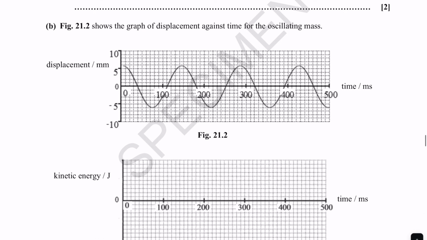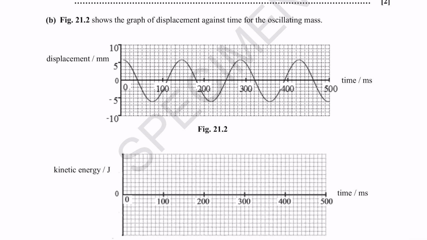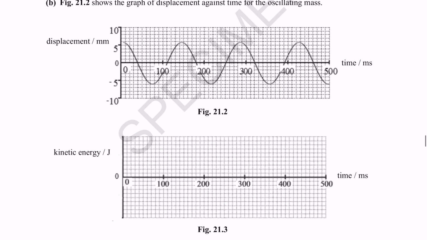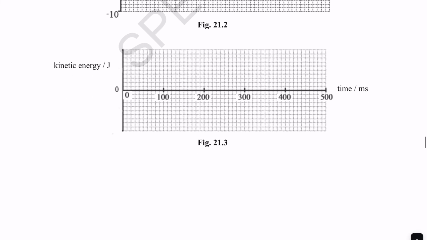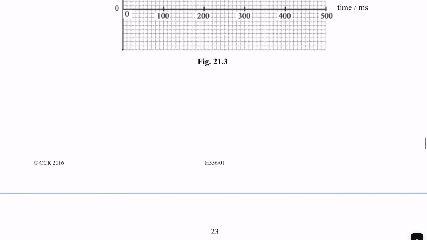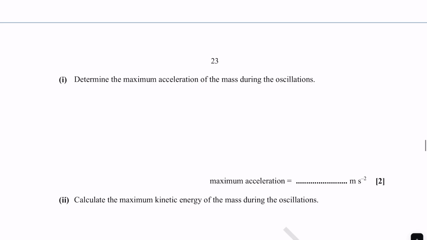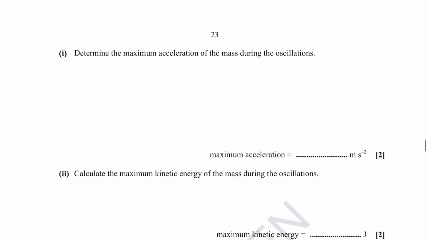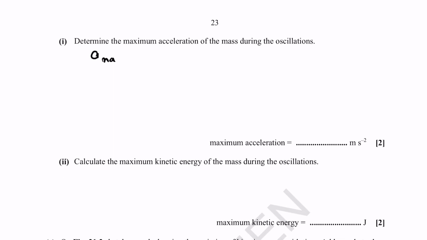Part B is showing us the graph of displacement against time for the oscillating mass, and we have some undone kinetic energy curve graph, and the first part says determine the maximum acceleration of the mass during the collisions. So we know that a max is equal to omega squared A, where A is the amplitude.